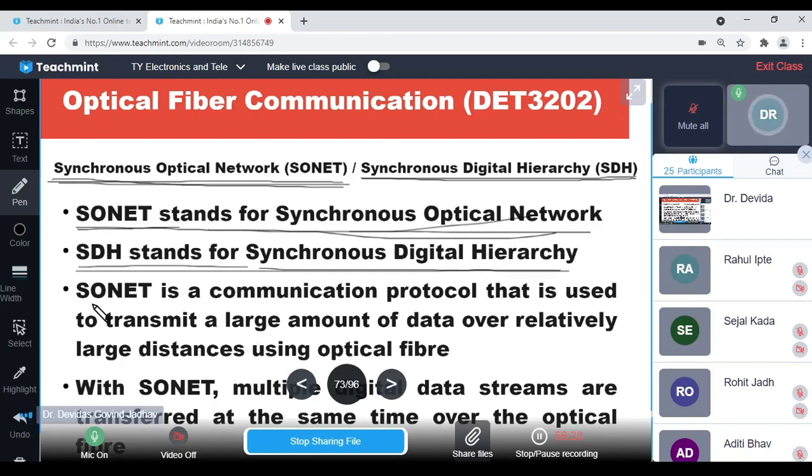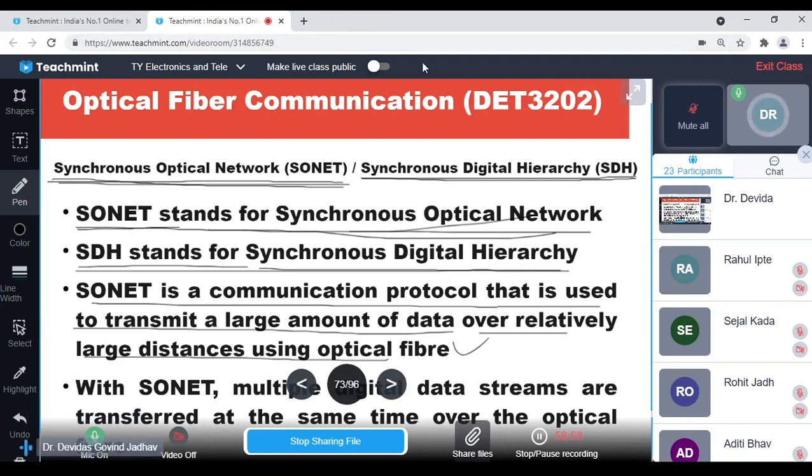Now SONET is a communication protocol that is used to transmit a large amount of data over relatively large distances using optical fiber. So SONET is a synchronous optical communication protocol, a synchronous optical communication network.